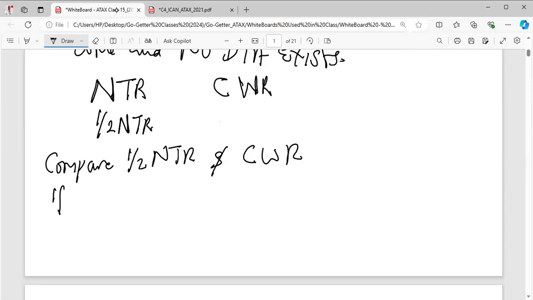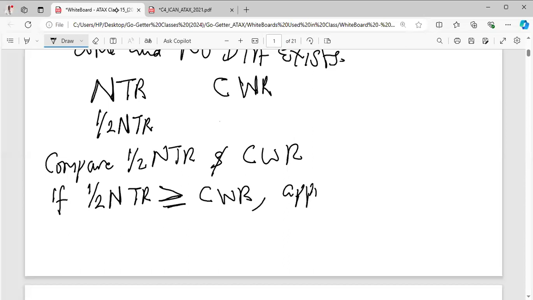You now say if this Nigerian half rate of tax is greater or equal to this, so if it is greater or equal to, appropriate double taxation relief will be the Commonwealth rate.